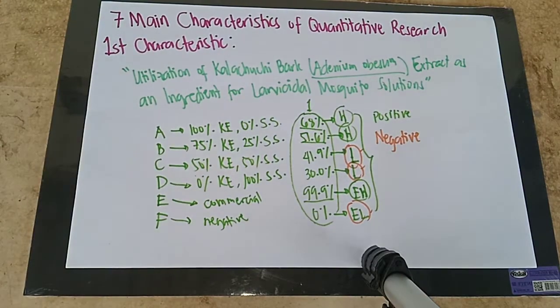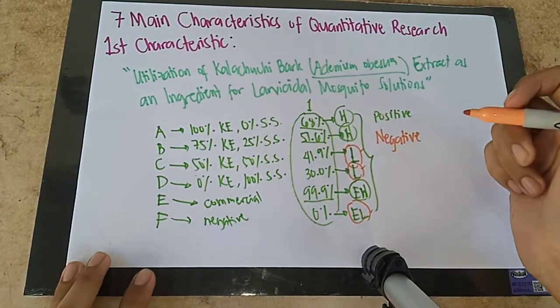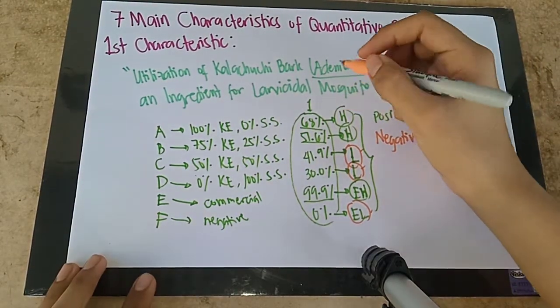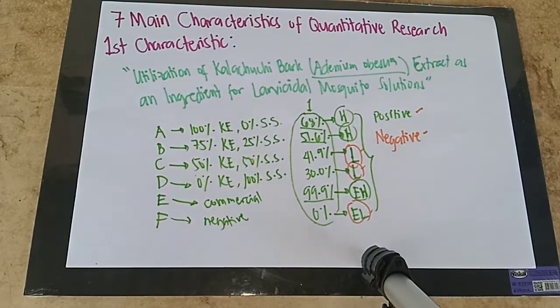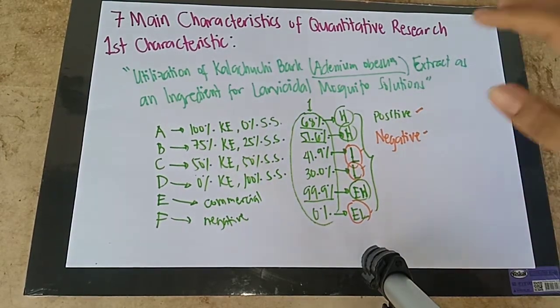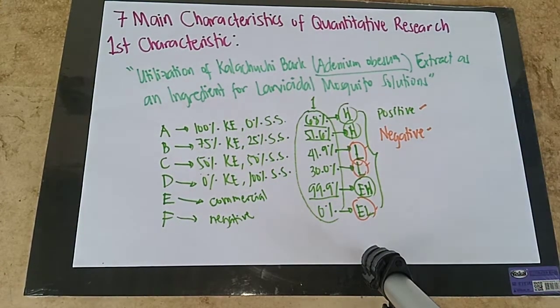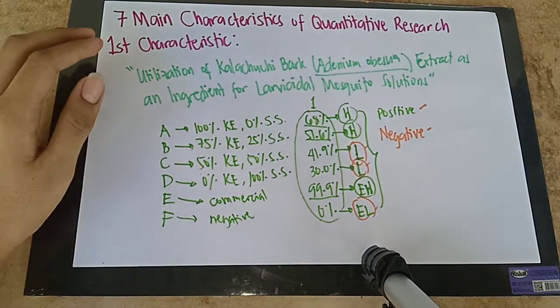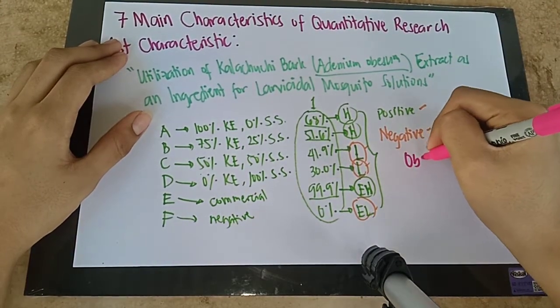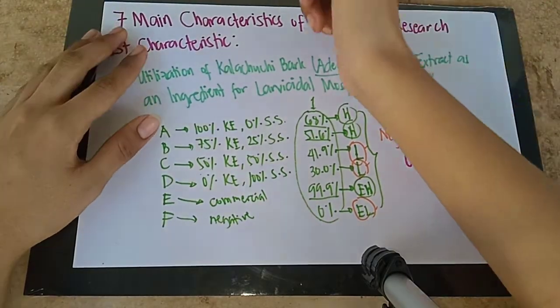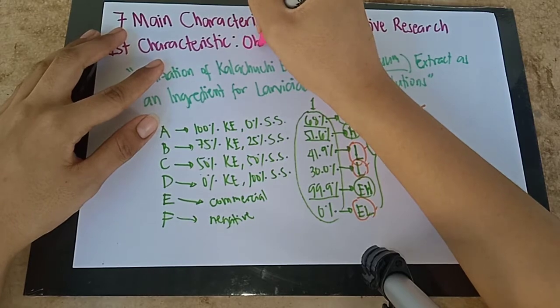So, we accepted all these values, no matter the positivity or the negativity, no matter the rate of mortality. Once we looked at the positive and the negative side of things, are we objective or subjective? Of course, we are objective. So, the first characteristic of quantitative research is its objectivity.